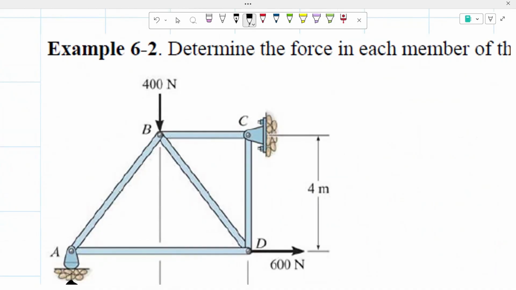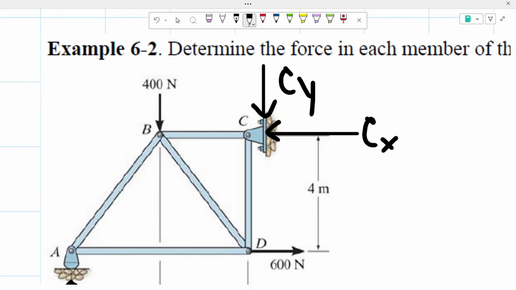I'm going to assume that this one is going to the left. We're going to call this C of x. And for our vertical reaction, I'm going to assume that it's going downwards, and we're going to call this C of y.